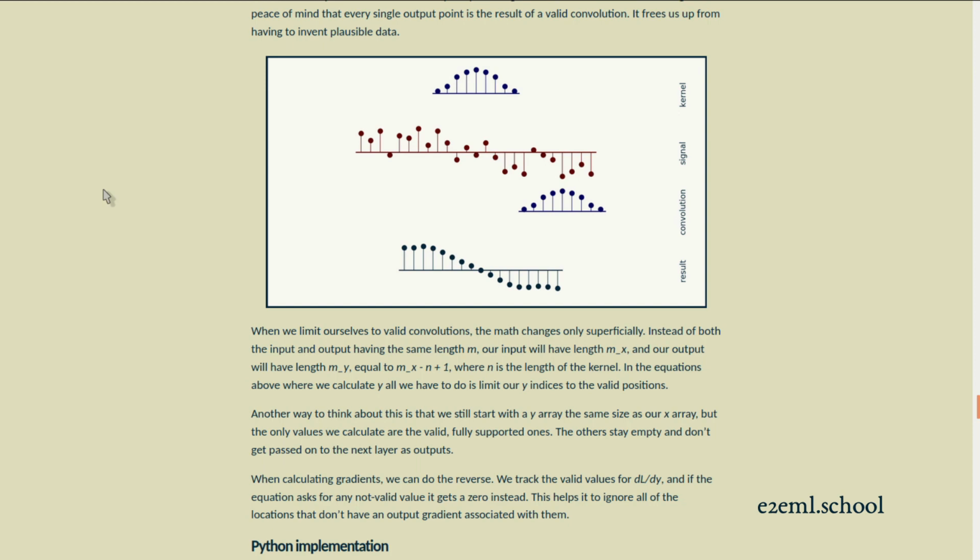In every case, you're making a conscious decision to add additional data of some sort to your original image. And that doesn't come for free. It doesn't come without consequences. So the safest way to avoid doing that is to only perform what's called a valid computation, a valid convolution. So only go and calculate the convolution where the kernel completely overlaps the image.